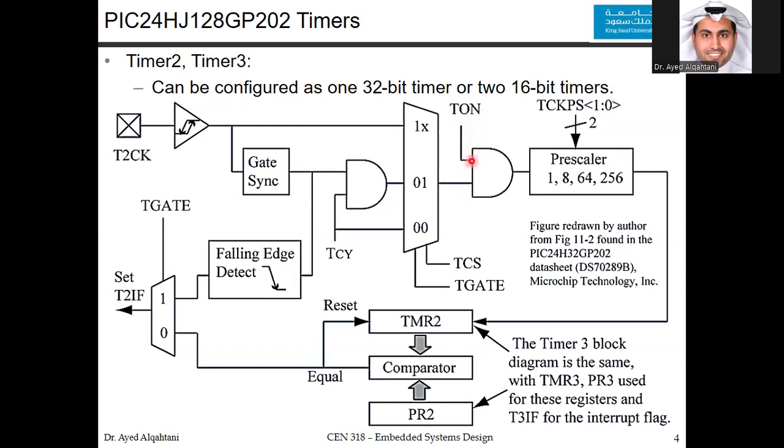You can see that it is AND gated. So if the timer is on, whatever value here, which is actually the internal clock source, will be output here, and you will have a clock going 0, 1, 0, 1, 0, 1, since the timer is on. If it is off, then you will have either a static 0 or a static 1. You don't have a clock, and the timer will be paused.